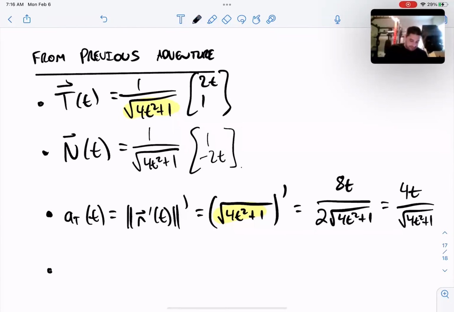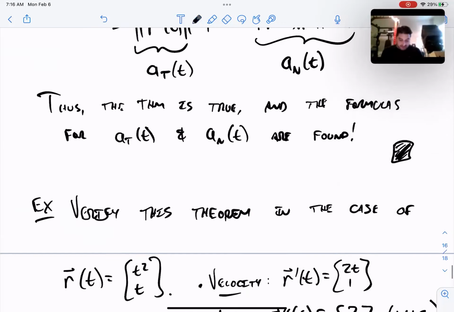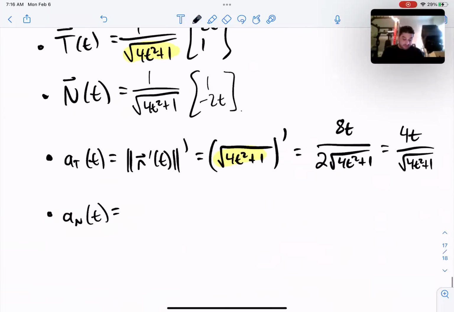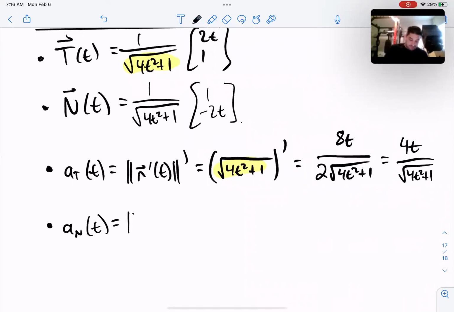All right, then we have A_N. What is our A_N? Up here is where we have our formula for A_N. It's speed times the magnitude of T prime.